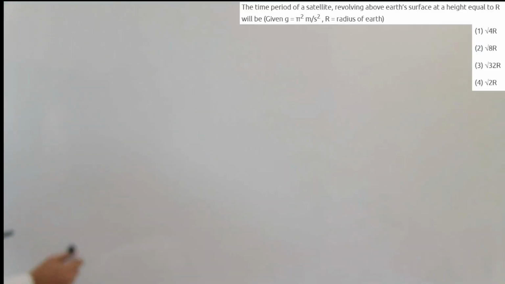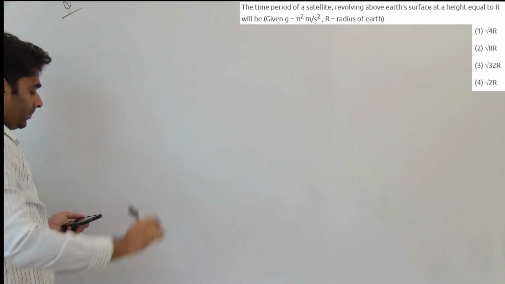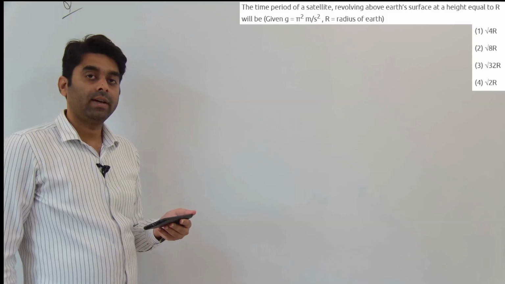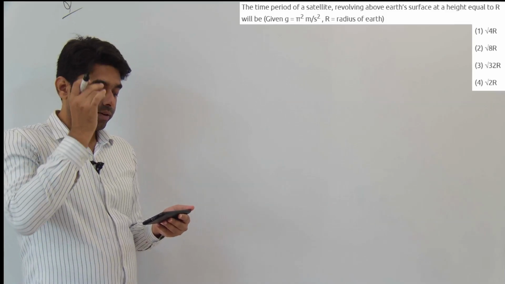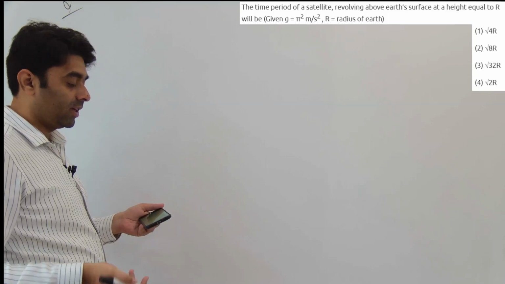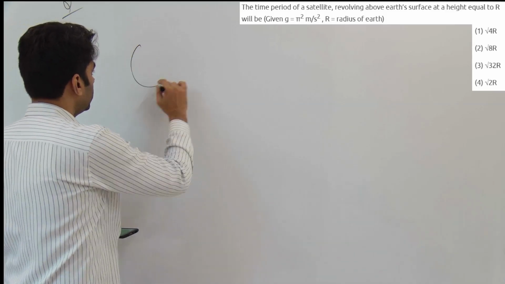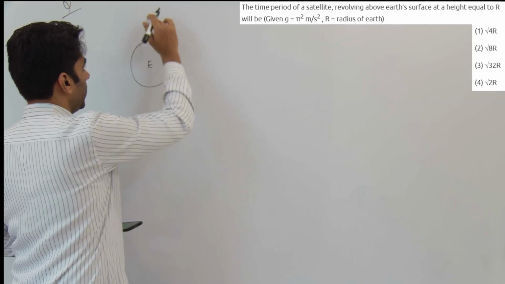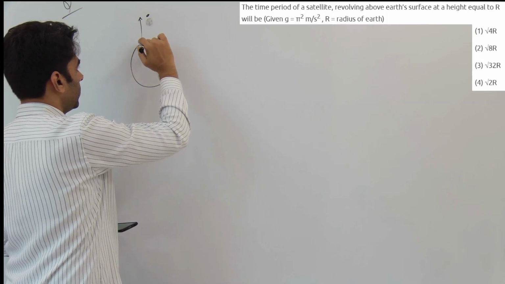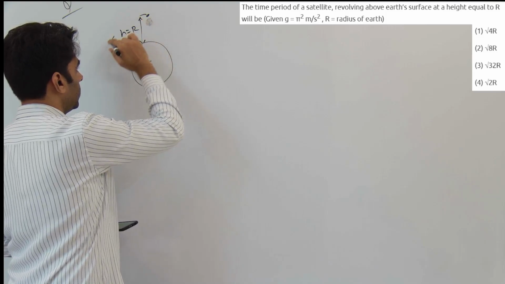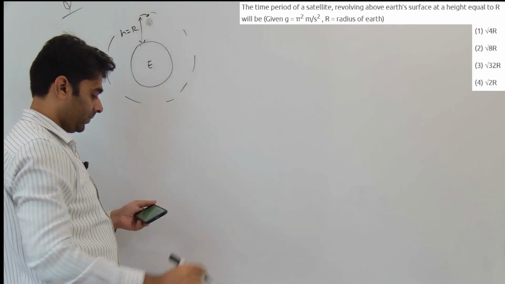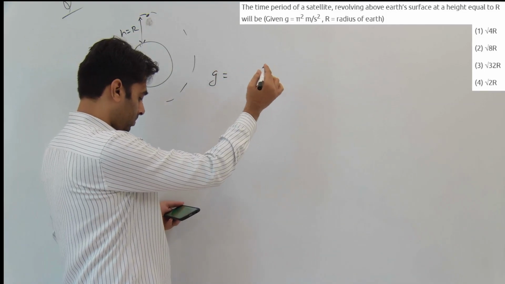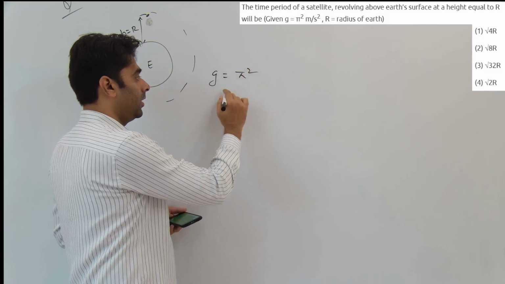Our next question is: the time period of a satellite revolving around the Earth's surface at a height equal to R will be, okay, 4 options are given, in terms of R. So this is the Earth, and it is revolving at a height which is given equal to R. Take g value as pi square and R is the radius of Earth.